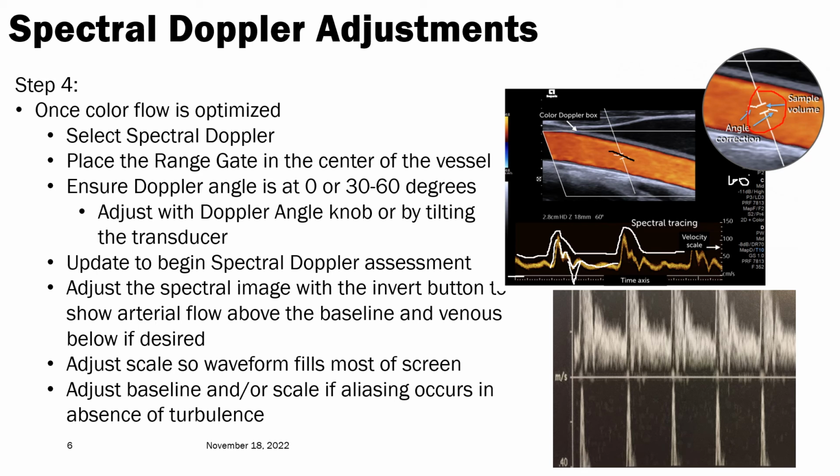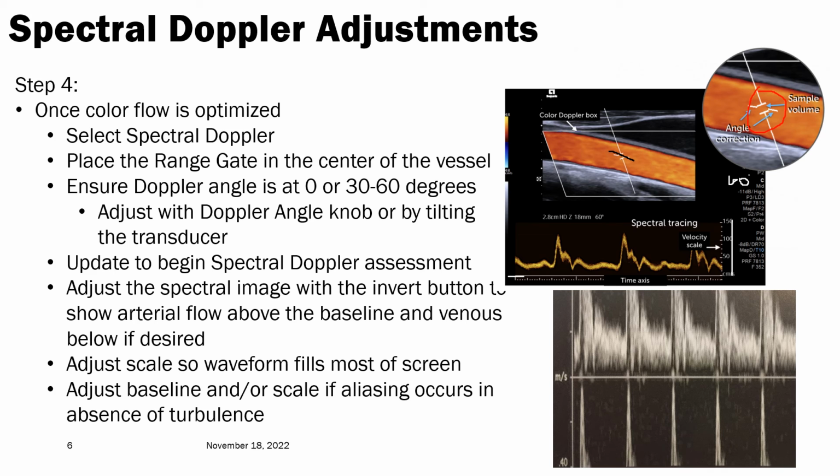And so you can do some other adjustments which would optimize your ability to not only see but to measure that waveform. One of the things you can adjust here is, if you look at the y-axis over here, we see a listing of velocities. These are all in centimeters per second, and we have 50, 100, 150.